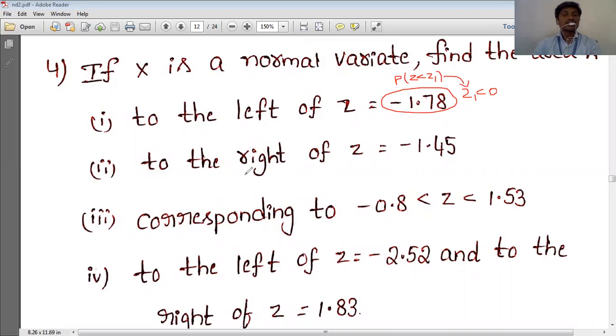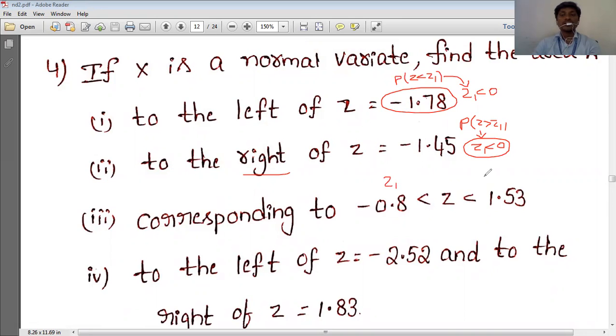Next is the right, which is P of z greater than z1. There also z1 is minus 1.45, which is less than 0. So this is P of z greater than z1 with z1 less than 0, and this is the case where we substitute the formula. Next is minus 0.8 less than z less than 1.53.